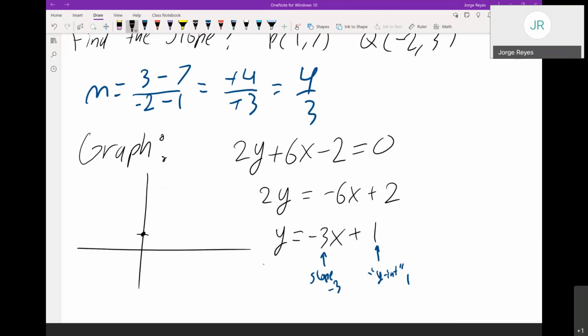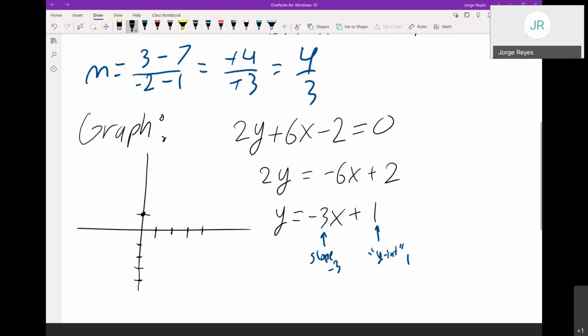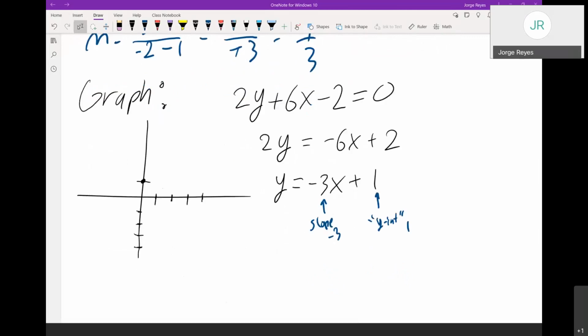Here is the y-intercept, the point (0, 1). And I have slope -3. What does that mean? Hopefully you have graph paper or something. Slope -3, you can think of as -3 divided by 1.